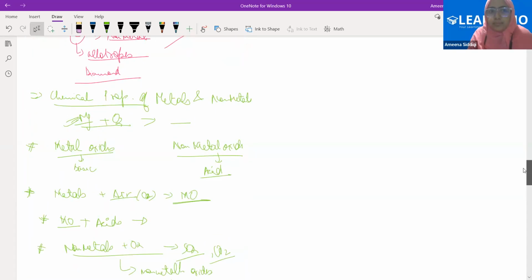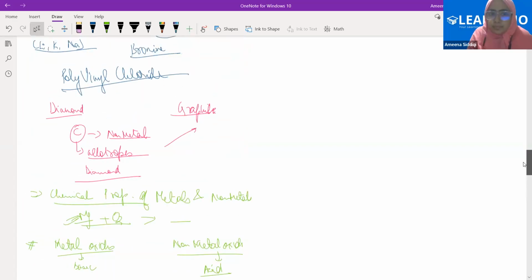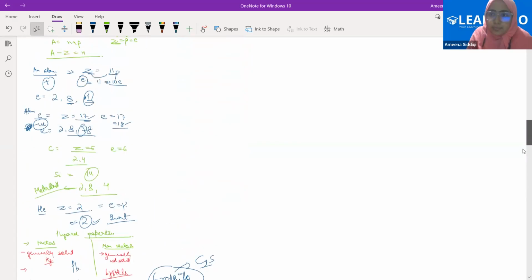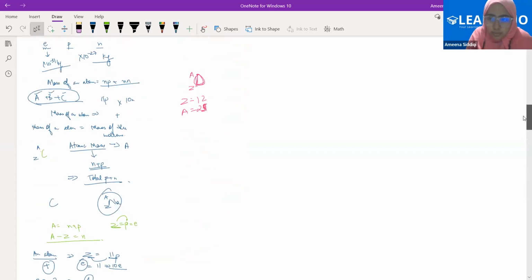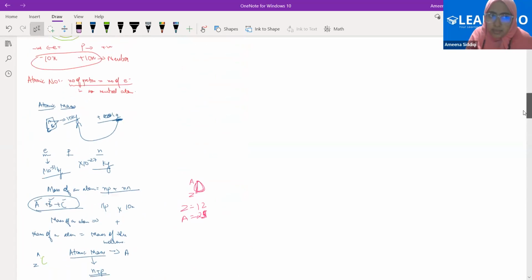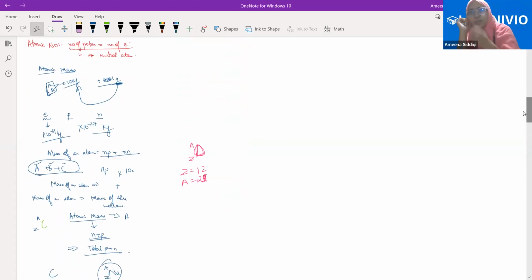Um, it's like they lose electrons to form positive ions. Very good, very good. See, the metals are elements which have a tendency to lose the electrons, therefore forming a positive ion. That is a cation.